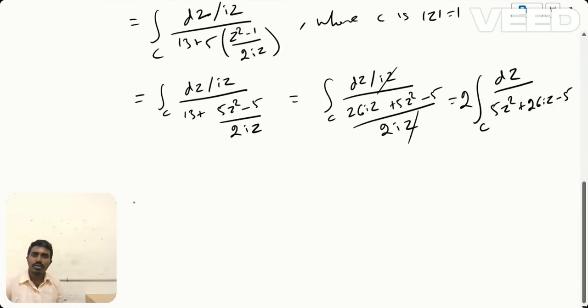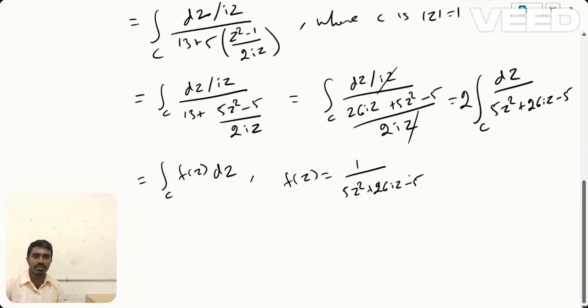So let it be integral over C f of z dz, where f of z will become 1 divided by 5z square plus 26 iz minus 5. This 2 is multiplied outside, and the remaining thing I am taking as f of z.